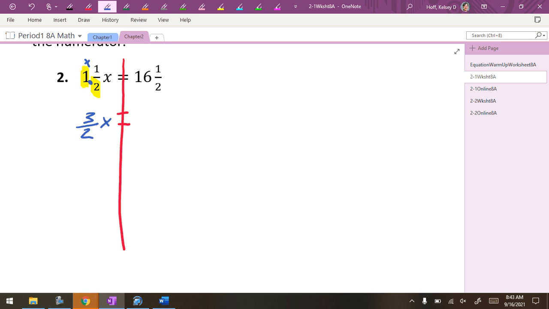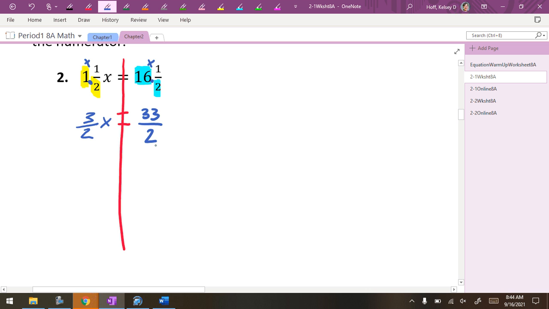So if we go to the other side, take your whole number, 16 times 2, which is 32, and then add 1, 33. What's my denominator? 2. Now, this problem's just like what we were doing up above.